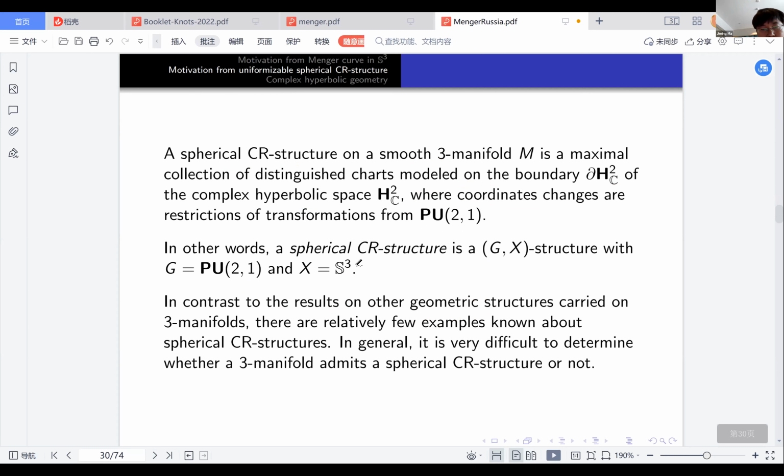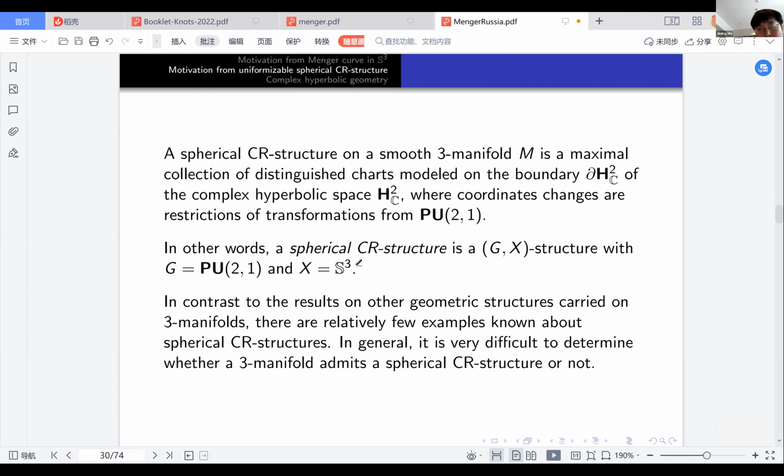But in contrast to results on other geometries on manifolds, there are relatively few known examples of spherical CR structures on 3-manifolds, and in general it is very difficult to determine whether a 3-manifold admits a spherical CR structure or not.